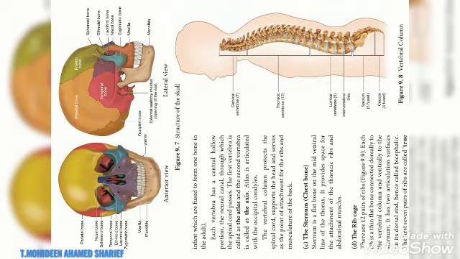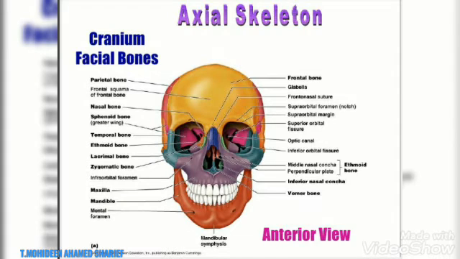The skull is composed of 2 sets of bones, cranial and facial bones. It consists of 22 bones, of which 8 are cranial bones which protect the brain and 14 are facial bones. The cranial bones form the hard protective outer covering of the brain and are called the brain box.